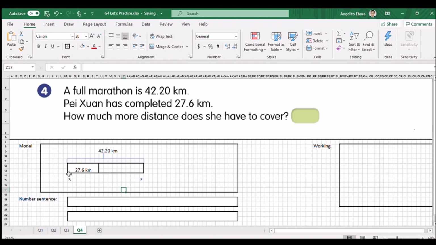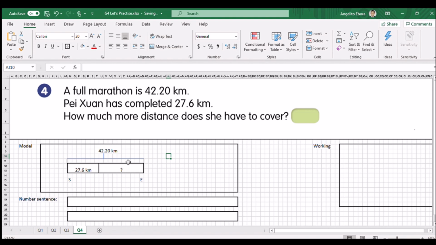Again, a full marathon is 42.20 from here until here. Page 1 has traveled from here until here only. So this one, we don't know yet. She has to cover this part. So we put a question mark. This one is only a one step word problem.